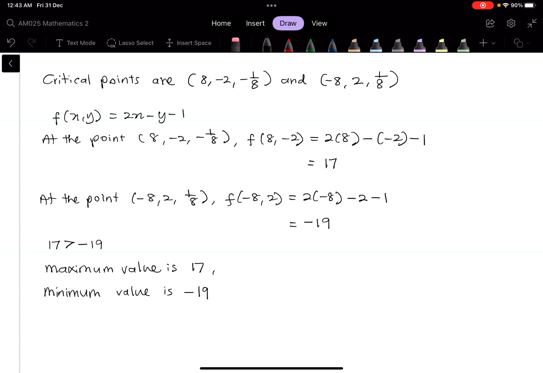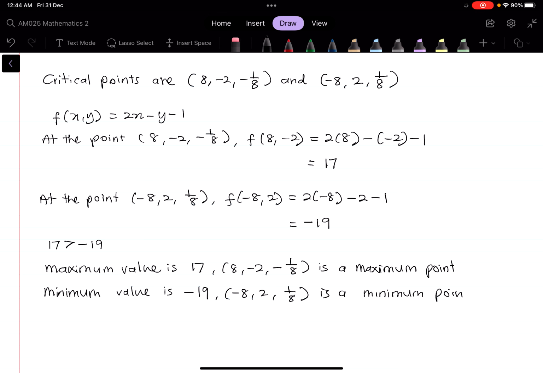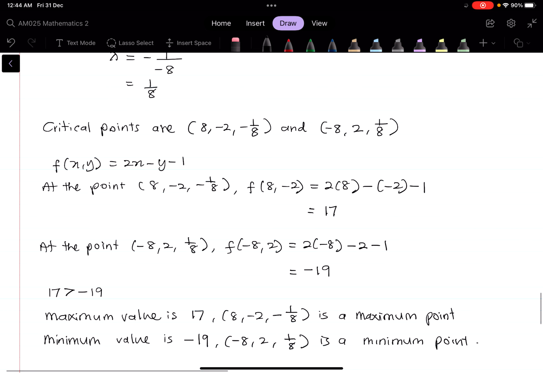So the point (8, negative 2, negative 1 over 8) is a maximum point, and the point (negative 8, 2, 1 over 8) is a minimum point. So that's it.